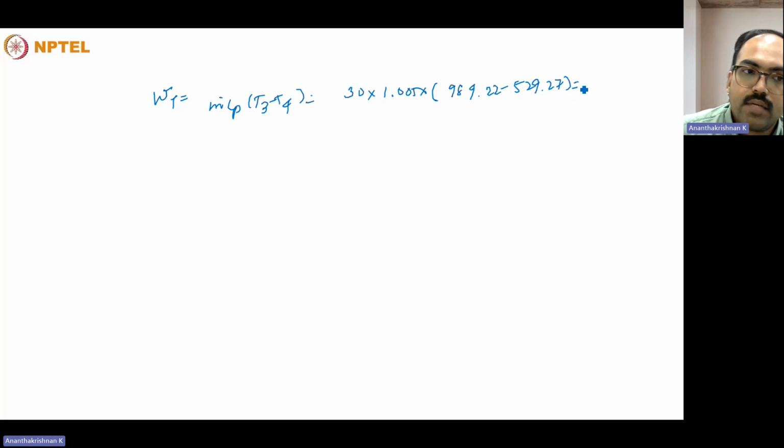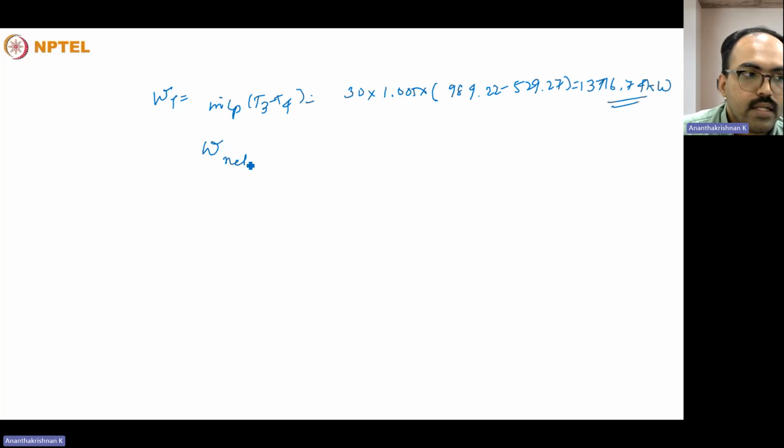Now work output from the turbine: m dot Cp into T3 minus T4. Same analysis. It's basically the change in enthalpy, and we could write it in terms of temperatures and Cp. So that is 13716.74 kilowatt.